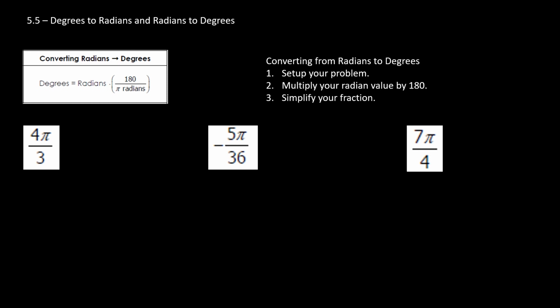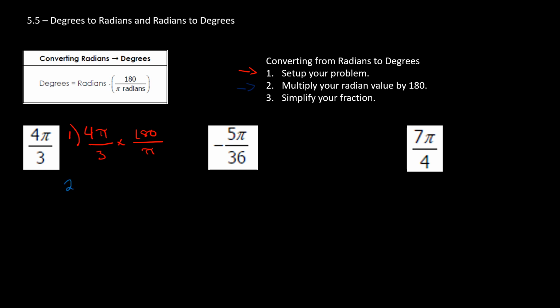So instead of multiplying by pi over 180, now we're going to be multiplying by 180 over pi, right? So we're going to follow all the same steps. Step 1 is we want to set up the problem. So we're going to say 4 pi over 3 times 180 over pi.